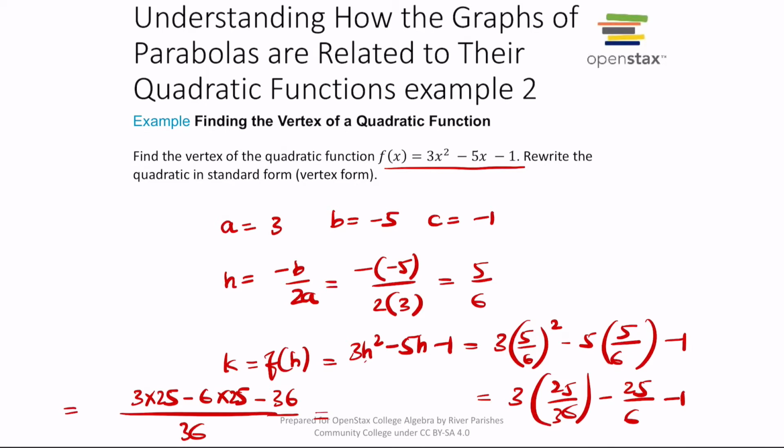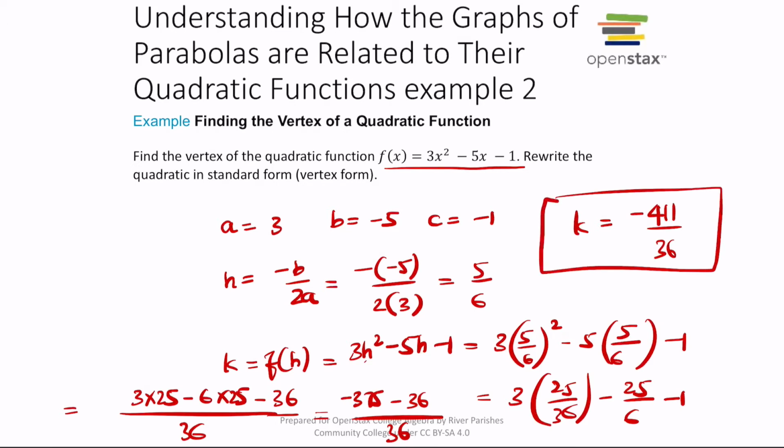So 3 minus 6 can be written as negative 3, which becomes negative 3 times 125 is 375, minus 36, by 36. So you have negative 411 by 36. So this is the k value.